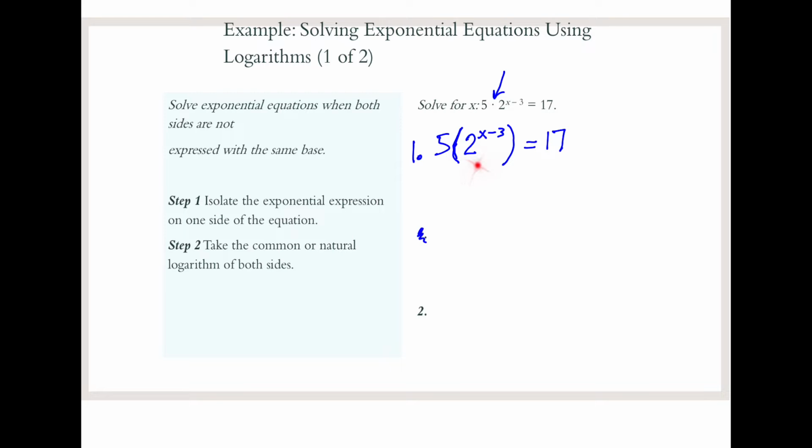This 5 here, if this wasn't here, this exponential expression would be isolated. So I'm going to get rid of the 5 by doing the opposite. It's being multiplied, so I'm going to divide both sides by 5, and I'm going to leave this as a fraction. So this gives me 2 to the x minus 3 equal to 17 fifths.